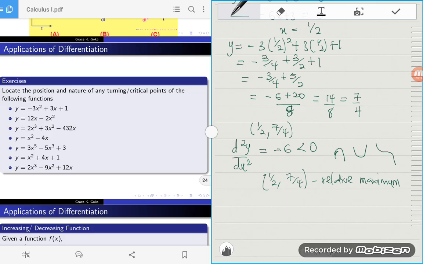That will be determined using the second derivative of the function, and differentiating our function twice, we get minus 6. Minus 6 is a negative number, and so the critical point is a relative maximum.